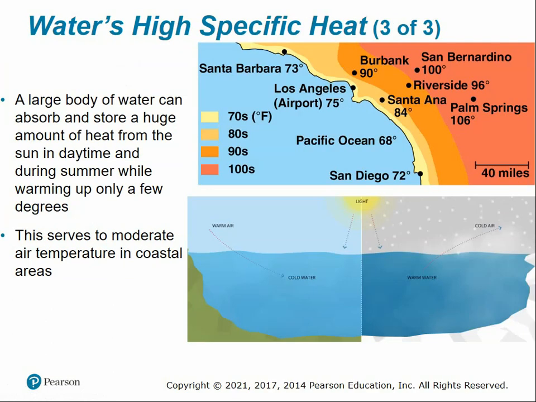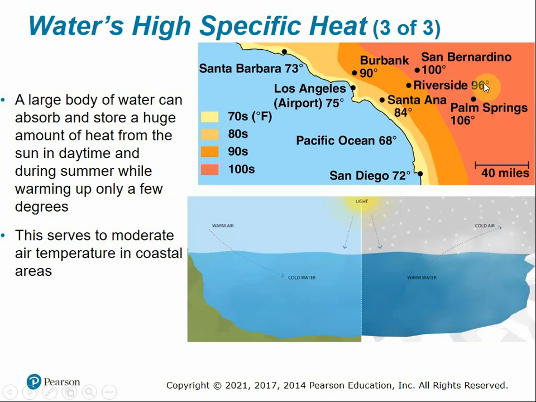So this is important with large bodies of water that can absorb and store large amounts of heat from the sun in the daytime and in the summer while only warming up a few degrees. It also helps to moderate the air and surface temperatures in coastal areas.